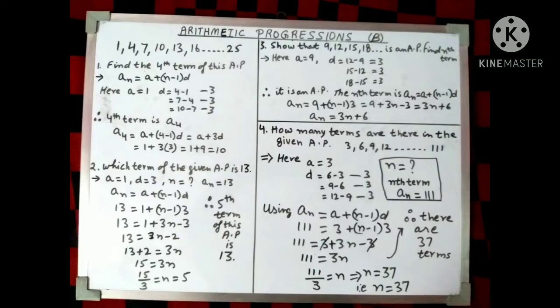So there will be 37 terms till 111 in this AP, or we can say that 111 is the 37th term of this AP. Got it? You can revise it again and understand it better.